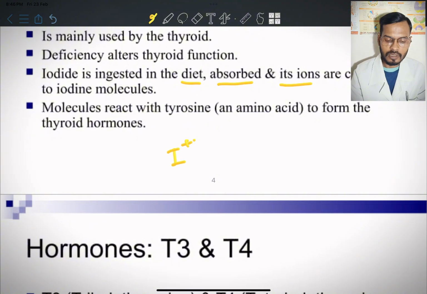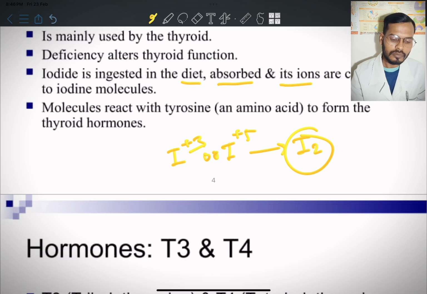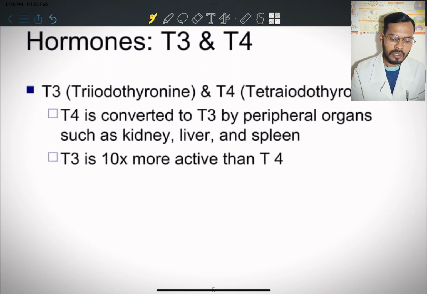The iodine molecule reacts with tyrosine, an amino acid, to form the thyroid hormones T3 and T4. T4 is converted to T3 by peripheral organs like the kidney, liver and spleen, because T3 is 10 times more active than T4.